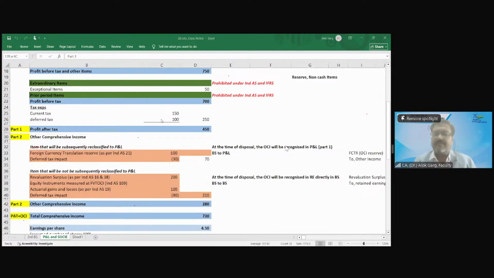Right? Okay. Then please write down: it's an extended version of the statement of profit and loss. Other comprehensive income is a separate section in which the items are generally non-cash in nature, notional in nature.